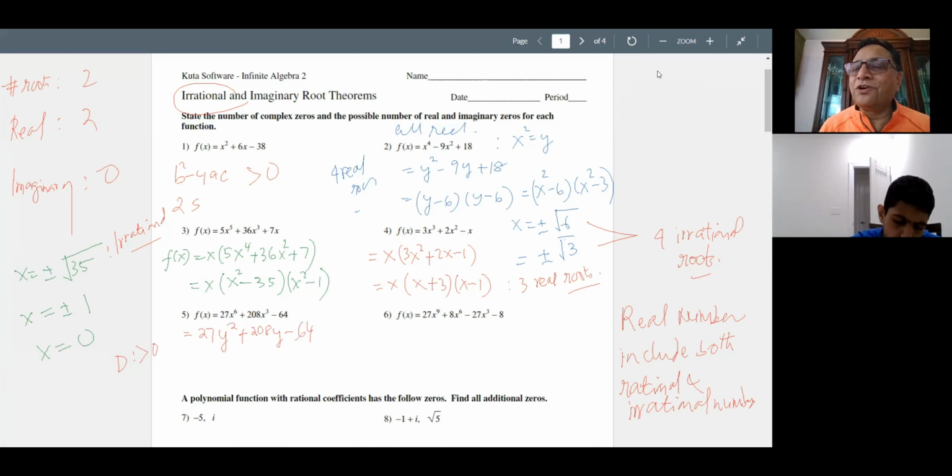Find the roots using the quadratic formula. Minus b plus or minus square root of b squared minus 4ac over 2a. You will get the roots.